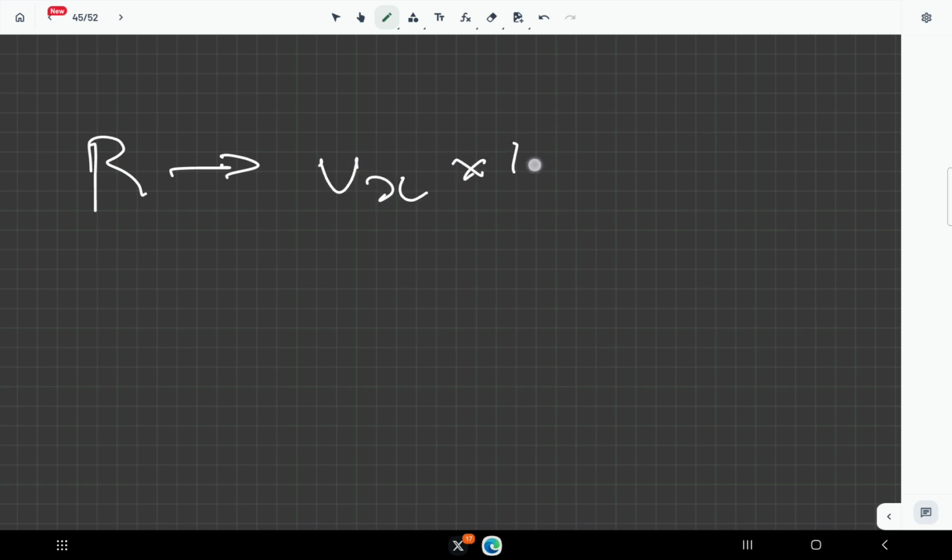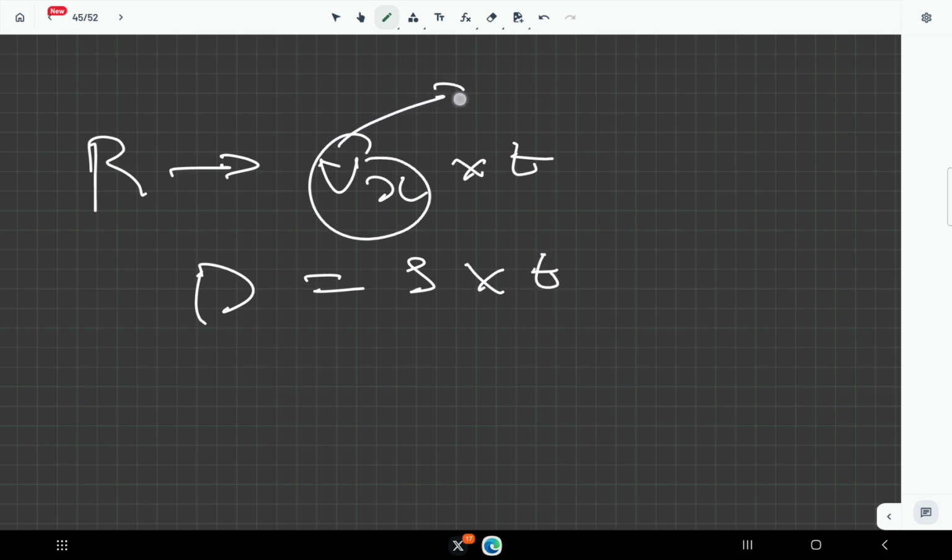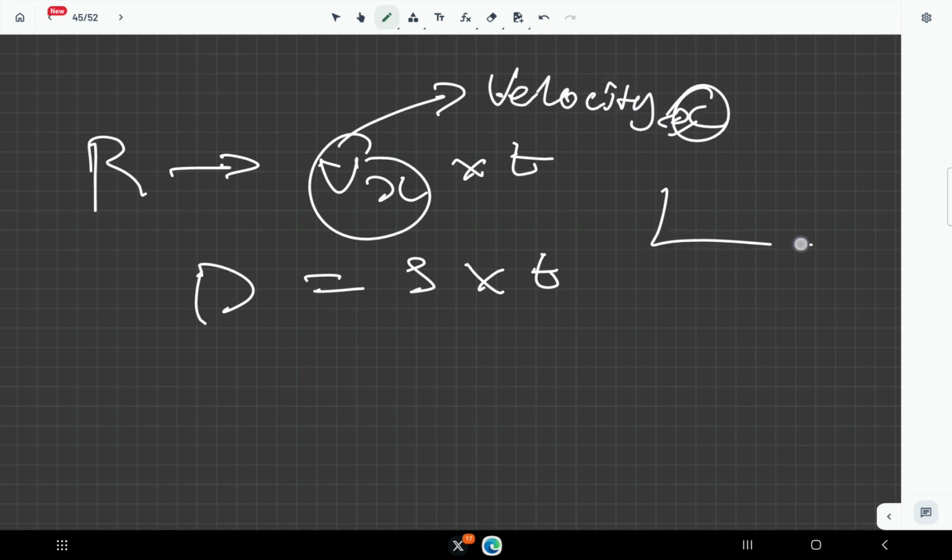Vx times t will be a formula as in distance is equal to speed times t. Vx will be our horizontal velocity component, velocity x, to indicate the x side or the horizontal side, and the time taken, which is just t.